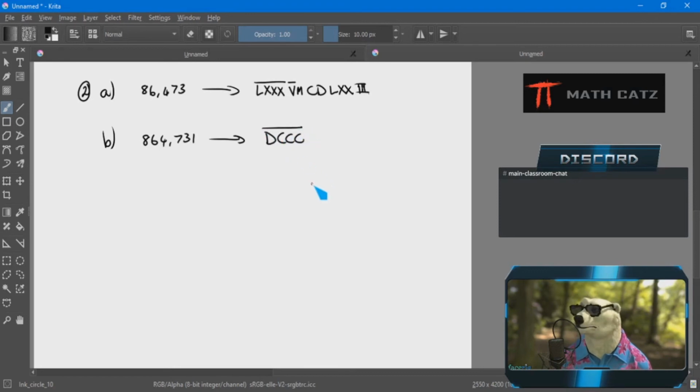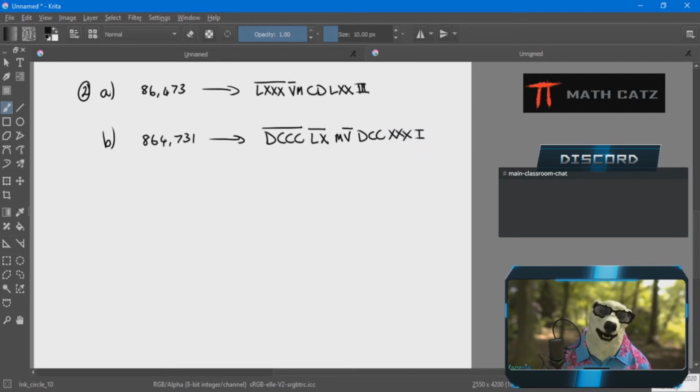Put it into the thousands with the line. 60,000. Connect the lines, don't connect the lines. I don't care. That's not the point here. 4,000, oh, I know. That's a subtractive pair, which is 1,000 less than 5,000. 700, that's 500 and another 200. 30 is just 3 X's and 1.